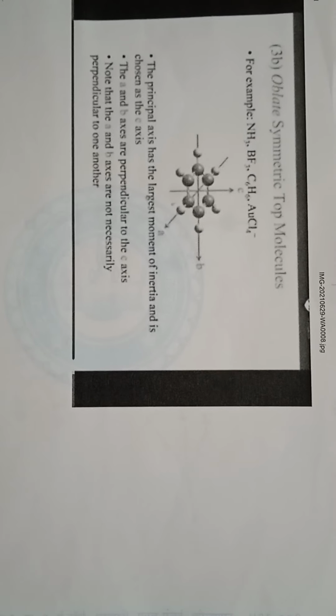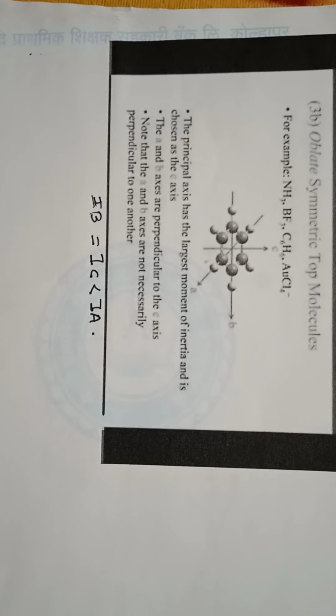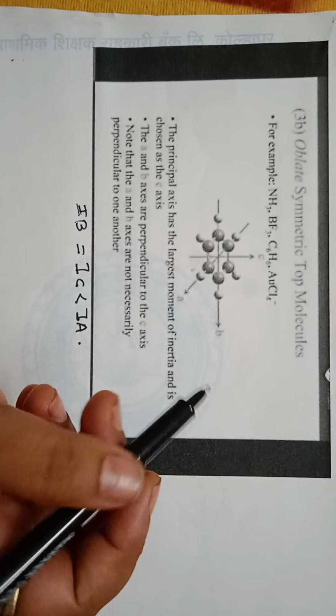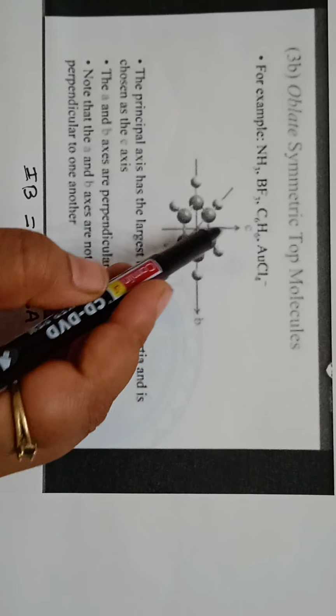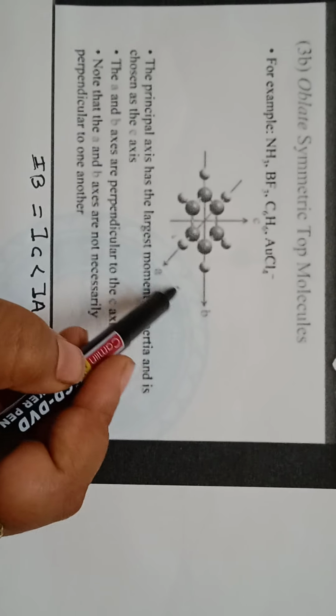The next is the oblate symmetric top molecule. In oblate symmetric top molecules, the principal axis has the largest moment of inertia, and it is chosen as the C axis. The A and B axes are mutually perpendicular.